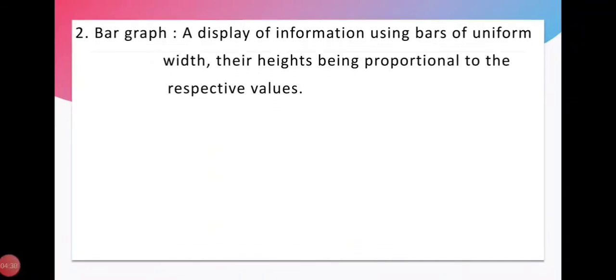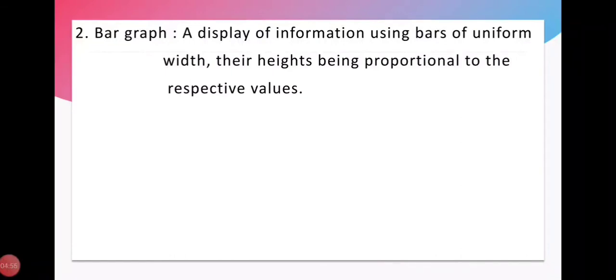Second type of graph is bar graph. A display of information using bars of uniform width, their heights being proportional to the respective values. Means in such a graph, we show the information using bars. Whatever bars we are drawing, their width is uniform.